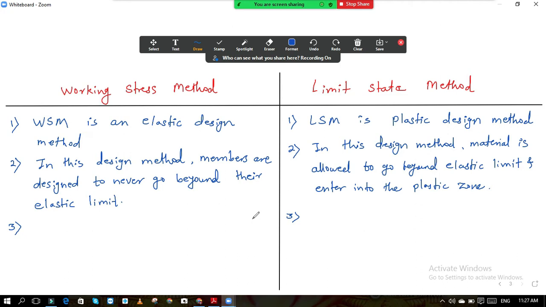In the working stress method only the linear variation, only O to A, is considered; beyond that the material cannot be stressed. But the limit state method says you can stress the material up to point E, the ultimate stress point. This is the advantage, so that we can fully utilize the material.